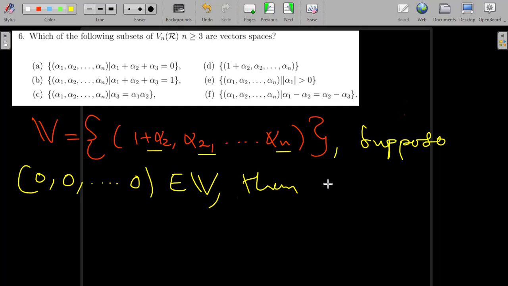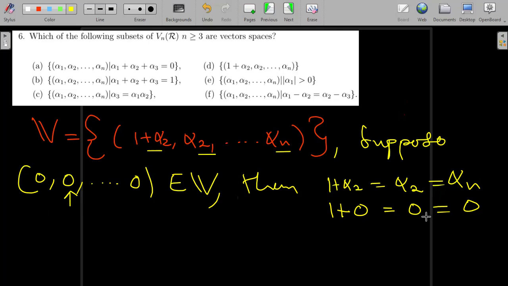So it will mean that 1 plus alpha 2 is equal to 0, and alpha 2 is equal to alpha n is equal to 0. But here we see a contradiction, because this one is 1 plus alpha 2, so alpha 2 will be 0, equal to 0, equal to 0, the alpha n.